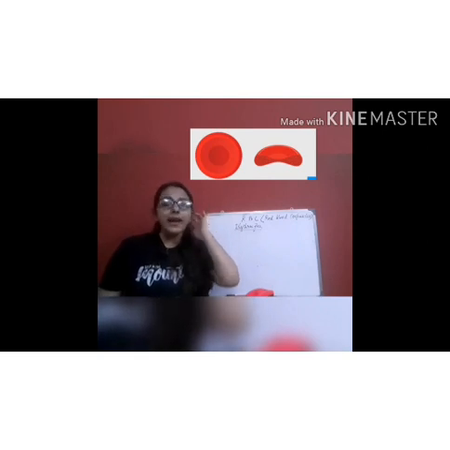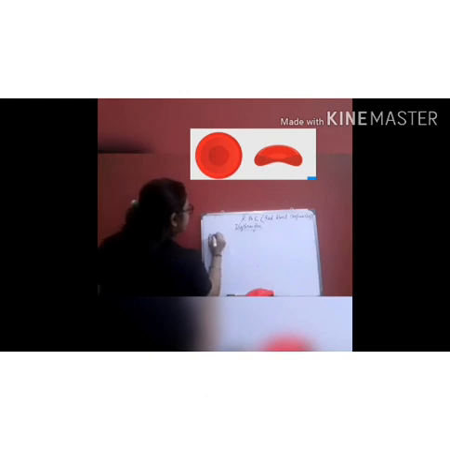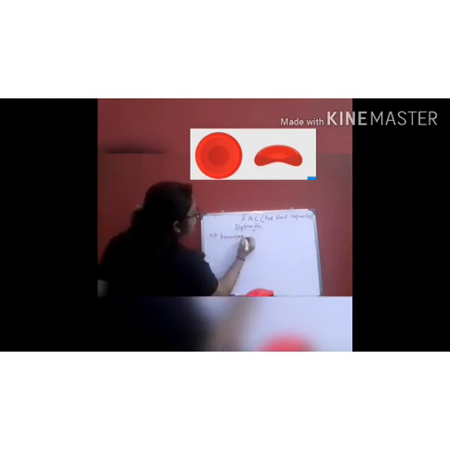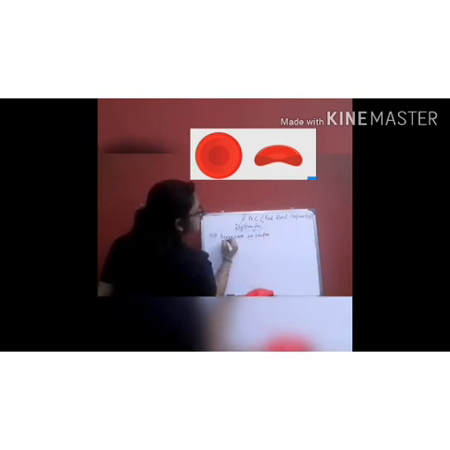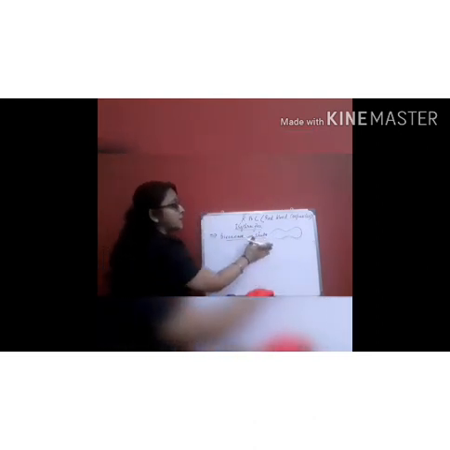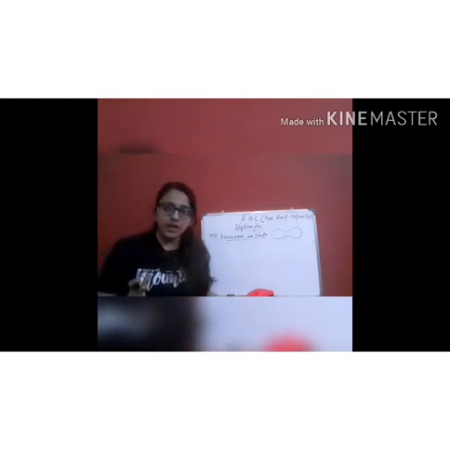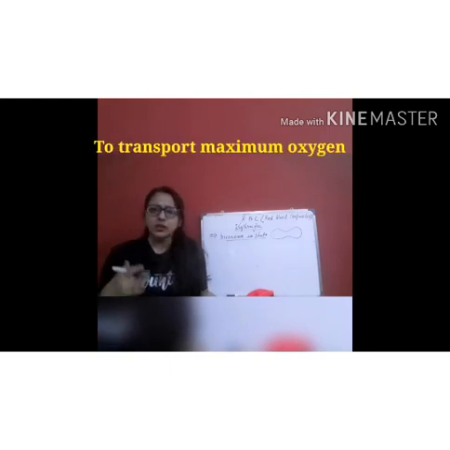Erythrocytes are biconcave in shape. There is a reason behind this shape. Biconcave means thinner in the middle and thicker at the corner. Why is RBC biconcave in shape? This is a very important question. It is a 1 marker or 2 marker question, which always comes in your exam.